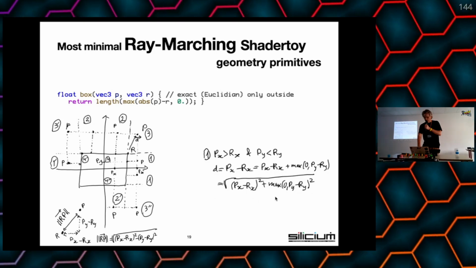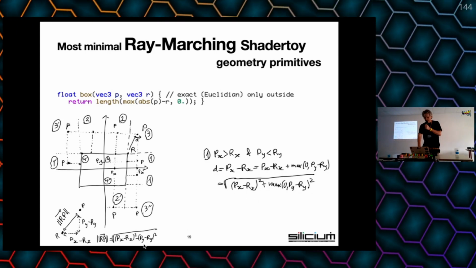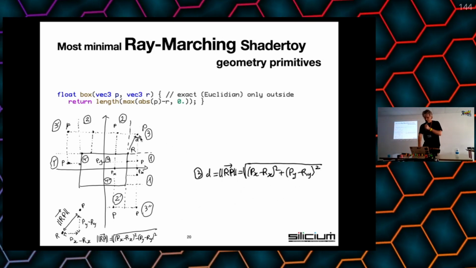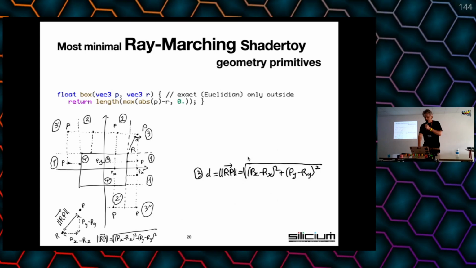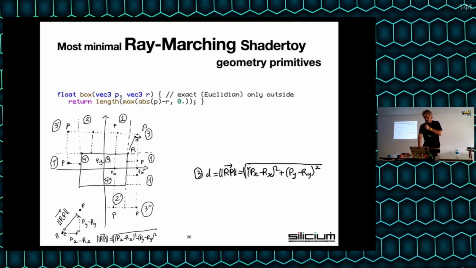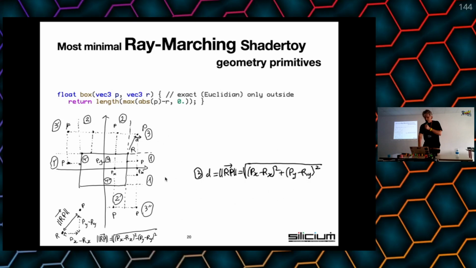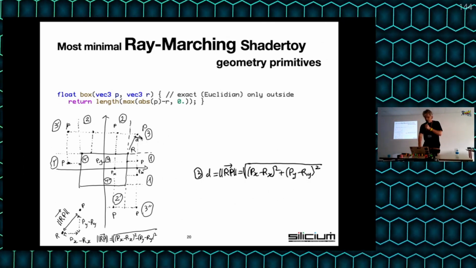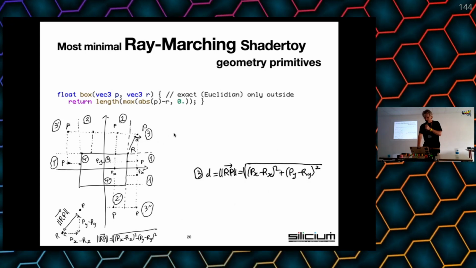And why do I want to do this? Because it looks like the case of the third situation, where I use the Euclidean distance between the corner of the rectangle and my point at which I want to interrogate.